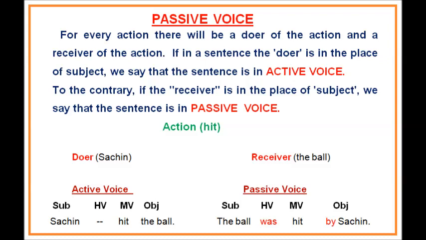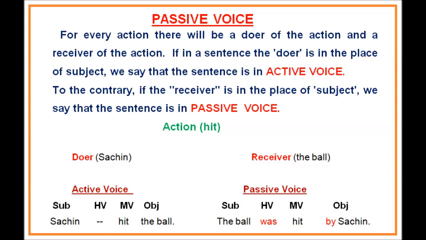Sachin hit the ball. The sentence is in simple past tense, so there is no helping verb. Subject Sachin, main verb hit, and the ball is object. Here, Sachin is doer, and doer is in the place of subject, and the receiver is in the place of the object in the sentence.